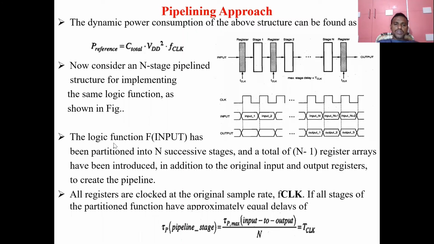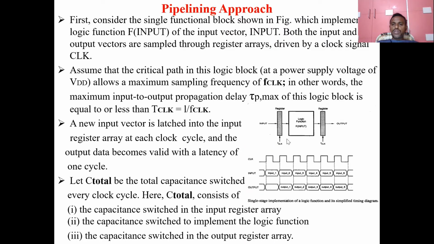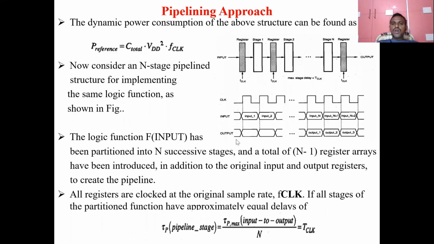Here the logic function f has been partitioned into n successive stages. In the previous one we had only one logic function. Here that logic function is divided into n successive stages.